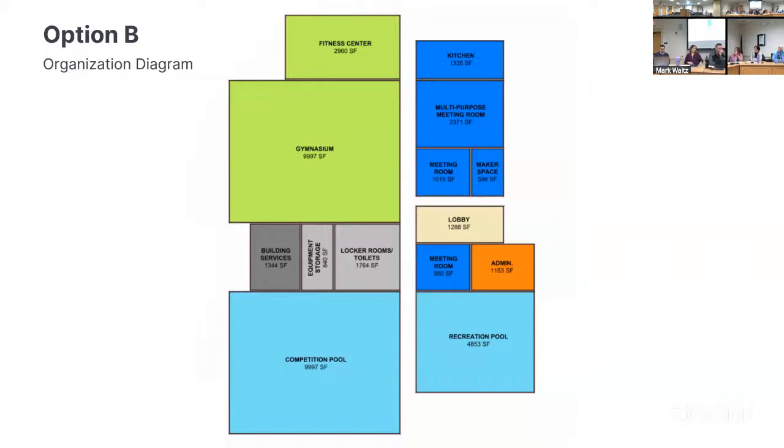This shows using a vertical circulation bar that organizes things around it, with locker rooms directly adjacent to the gym and competition pool. Waterville has the locker rooms directly connected to the pool, but they use the same locker rooms for the gym, with a hallway between them.